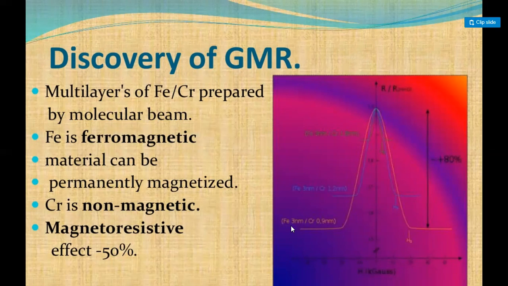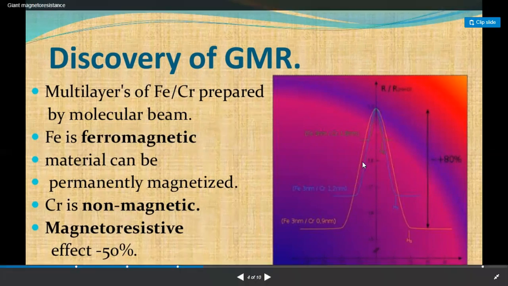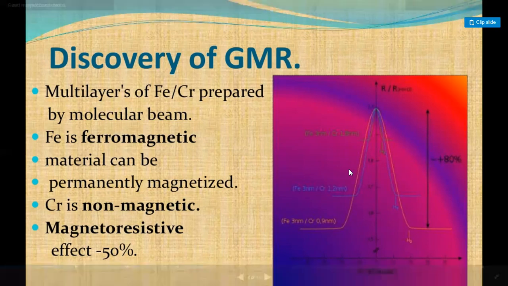The graph shows the resistivity against the field in gauss on the y-axis. The iron layer thickness changes from 0.9 nanometer to 2 nanometer, and the anti-parallel and parallel magnetization change accordingly.